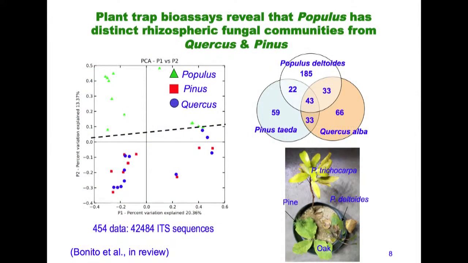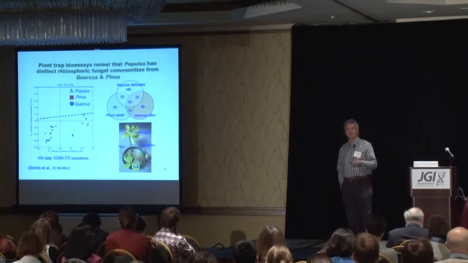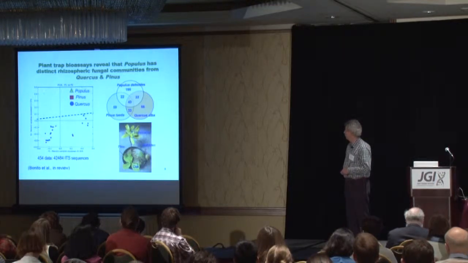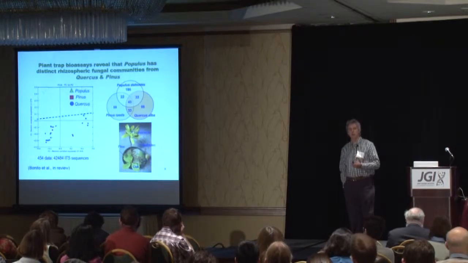So to summarize a number of studies, this is one of our initial experiments, was basically using the bioassay to ask how distinct is the fungal community on Populus with respect to other potential plant hosts. And as this ordination here shows, Populus is quite distinct from oak and pine, which actually share a fair bit of their fungal community in common.